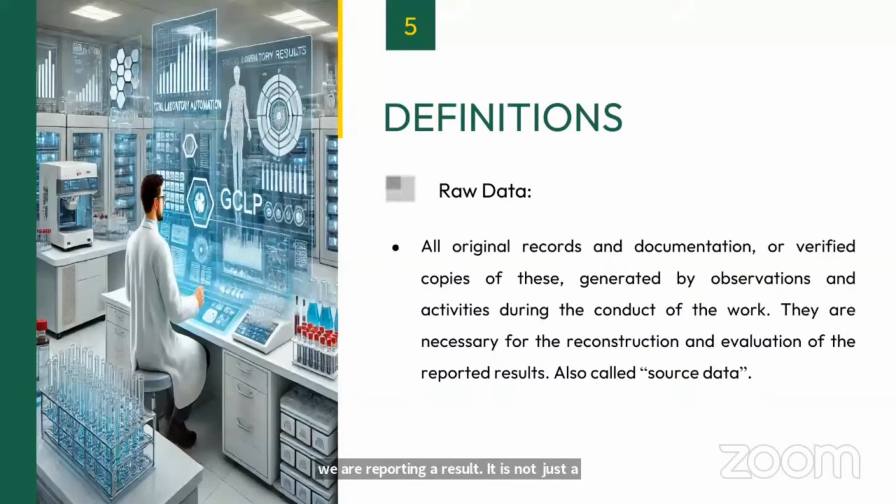The single simple value comes with a lot of processes, a lot of observations, a lot of evidences which you collect during your examination processes. All those data, all those evidences, all those records which are behind your laboratory result are called raw data or source data. Why is it called raw data or source data? Because from that only you have come to a final conclusion, or a final result which is reported to the patient. So it is called source data.